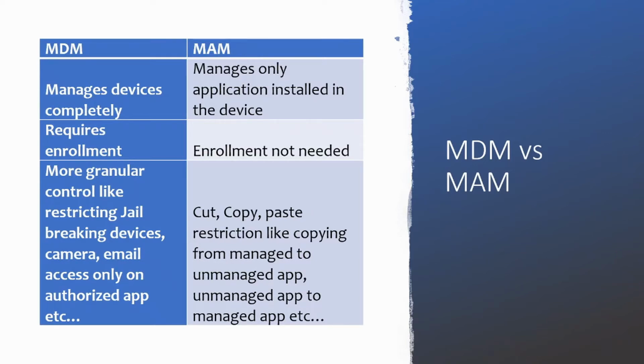Some users don't want to configure their personal device into Intune for administration. Those unenrolled devices can still be managed from Intune through mobile application management. So MDM is the complete solution. End to end, whatever service is given under Intune is supportable under the MDM solution.